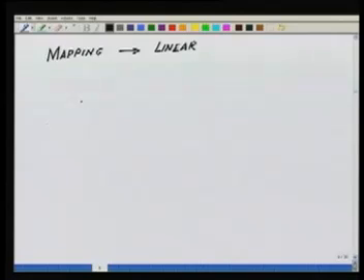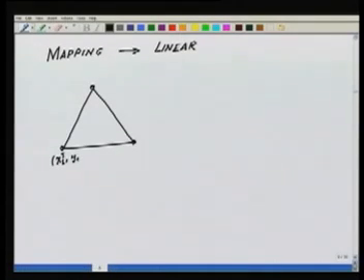So what happens? I have my physical element, which has these nodes x1 tau, y1 tau, x2 tau, y2 tau and x3 tau, y3 tau.